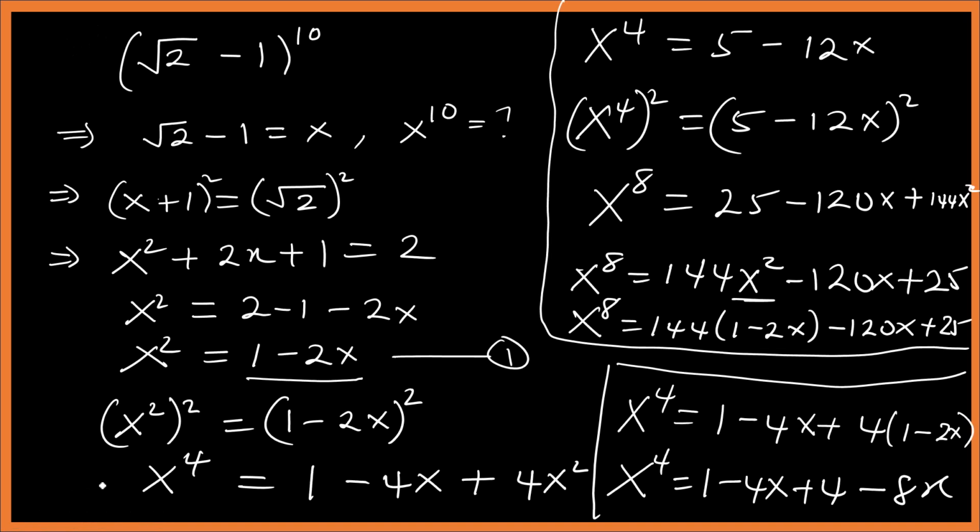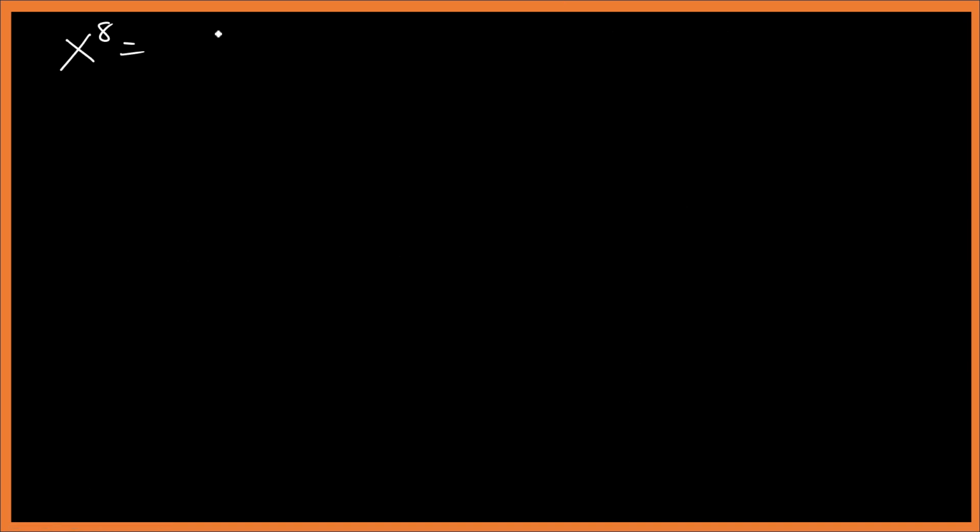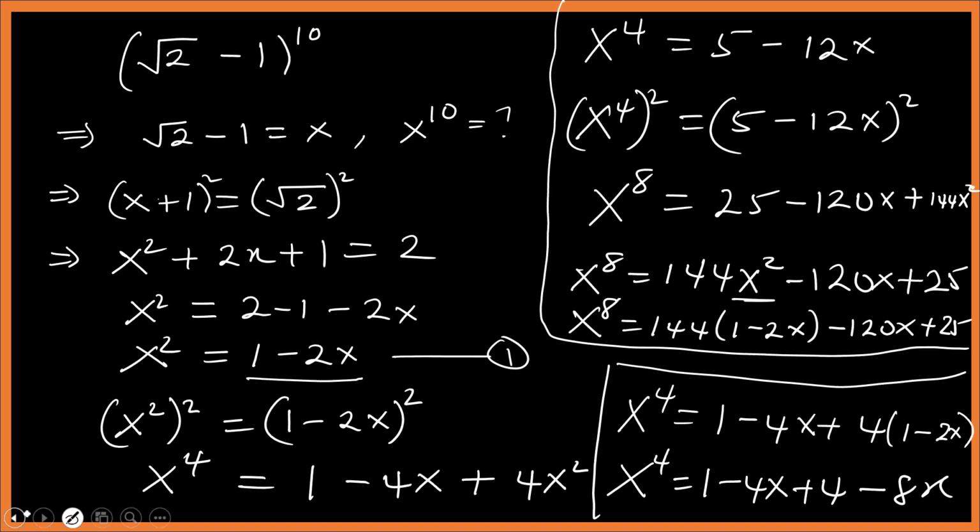So we have x to the power 8. This side will be 144, so minus 144 times 2, we have 288x, minus 120x plus 25.